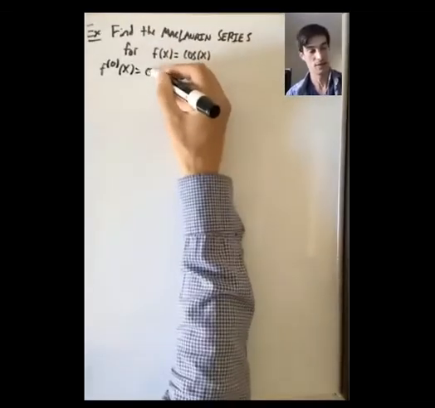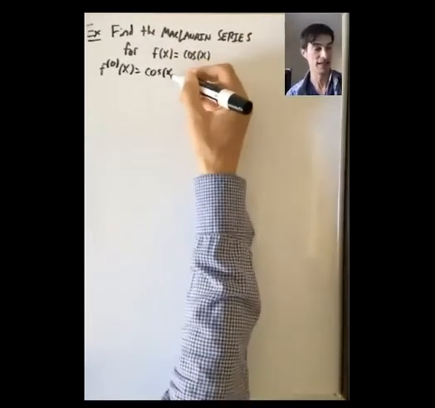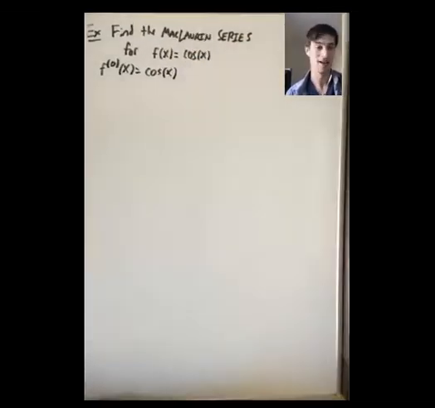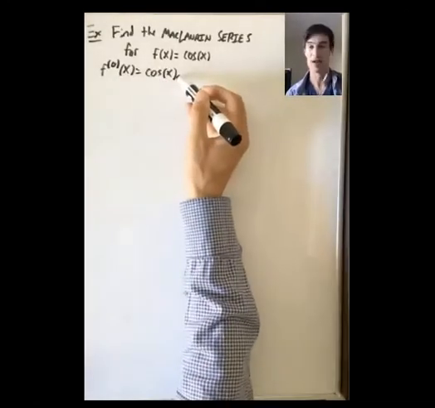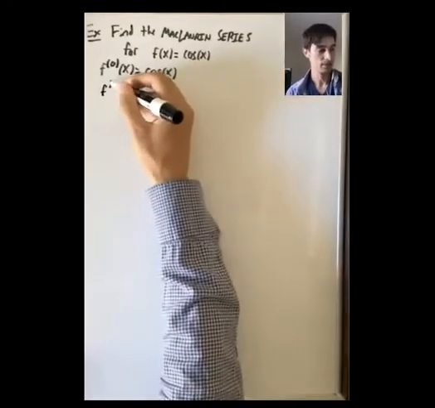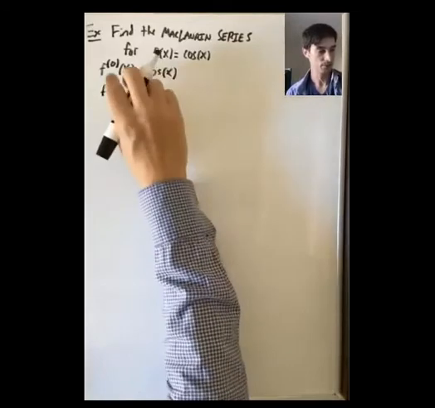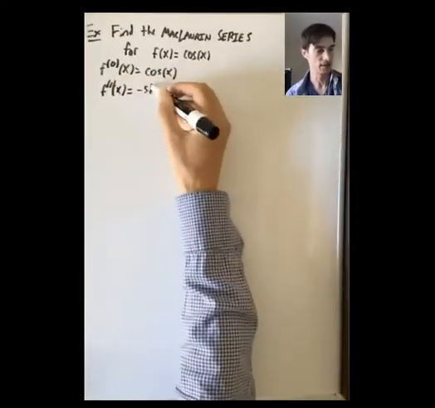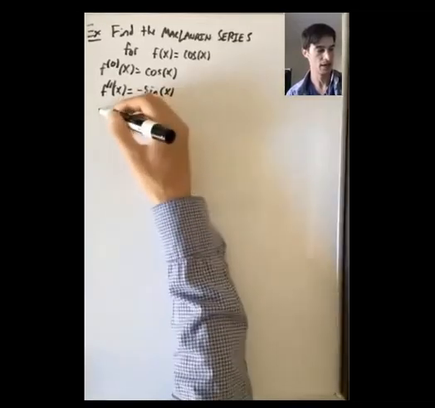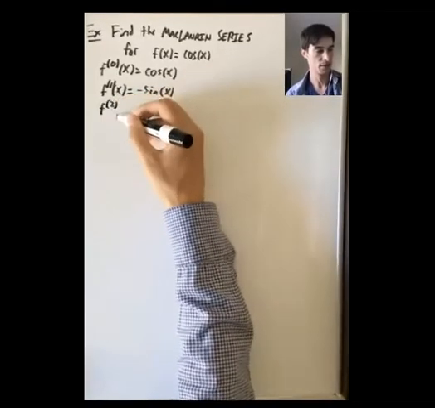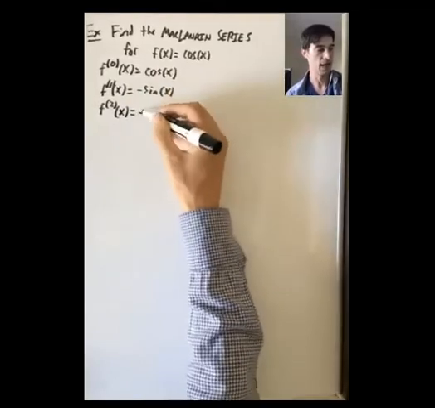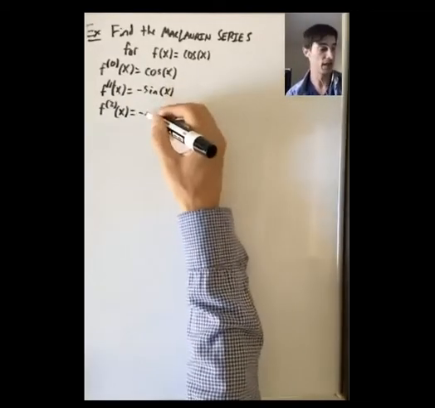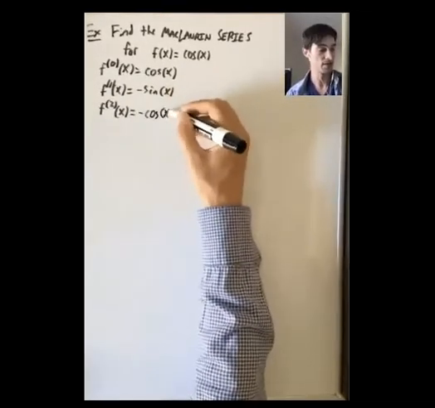So f, the 0th derivative, just is f of x, which is cosine of x. And the first derivative is negative sine of x. And the next derivative, second derivative, is negative of the derivative of sine, which is negative cosine of x.